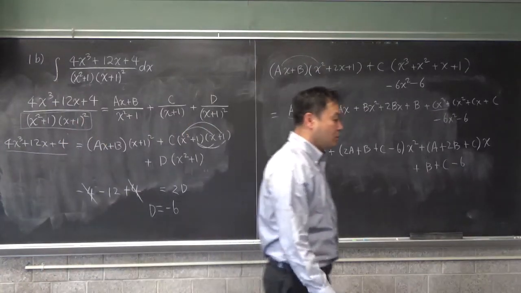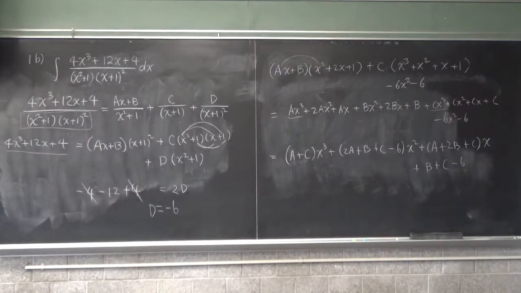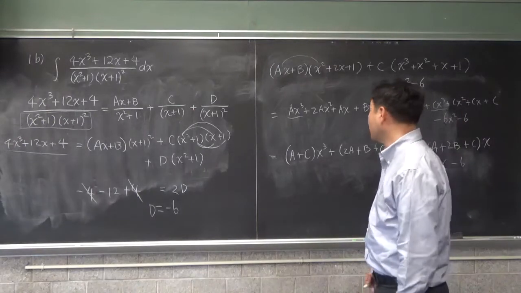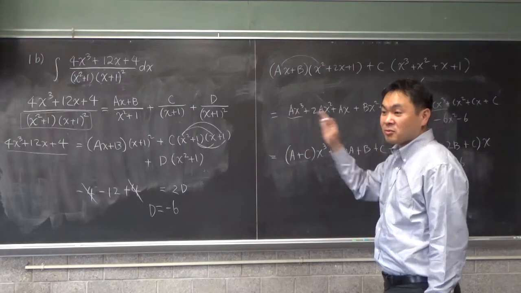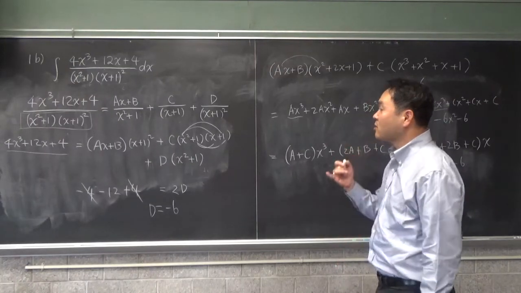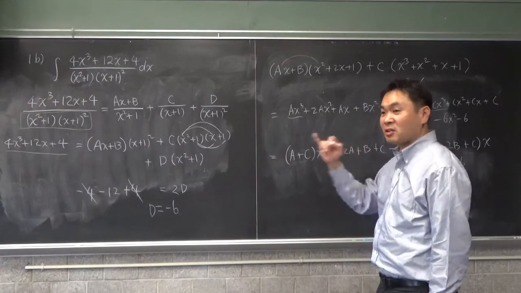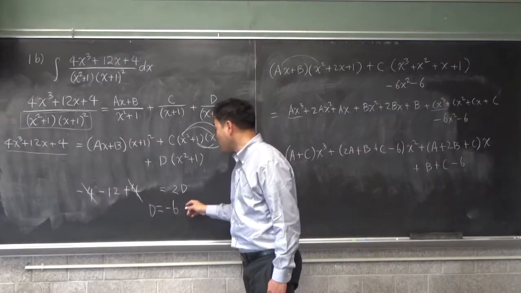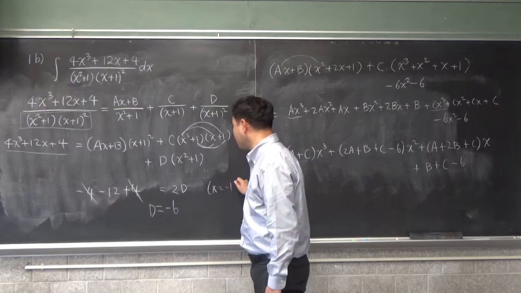And for two polynomials to be equal as functions, what must happen? Plug in any value of x. So one thing is you can plug in any value of x and they should be producing the same number. That's what we are using here when we plugged in x equals negative 1.